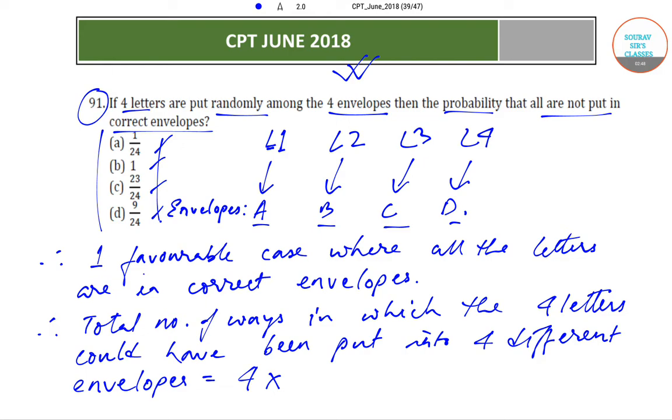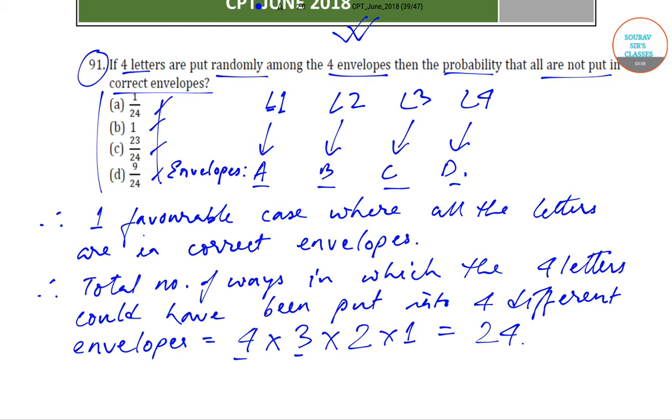L2 could have gone into the remaining 3 envelopes in 3 ways. L3 could have gone into the remaining 2 envelopes in 2 ways. And L4 would have only one envelope left, so only one way. So total number of ways: 4 into 3 is 12, 12 into 2 is 24, 24 into 1 is 24. So there are 24 ways in which 4 letters could have been put into different envelopes.